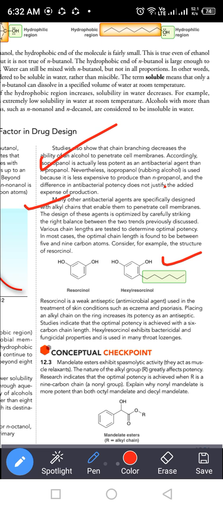Up to 6 carbon atoms activity increases, and if we further increase the alkyl chain to 7 or 8 carbon, then the activity of the resorcinol will decrease. So this is the effect of the alkyl group, or how the antibacterial and antiseptic effect is controlled by the alcohols.